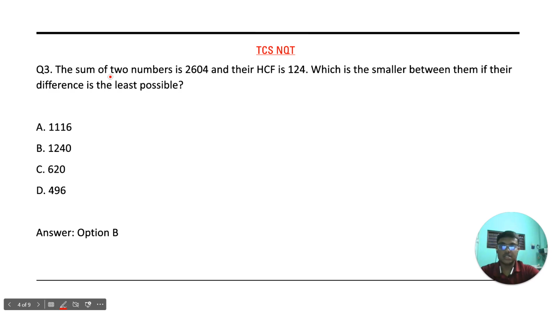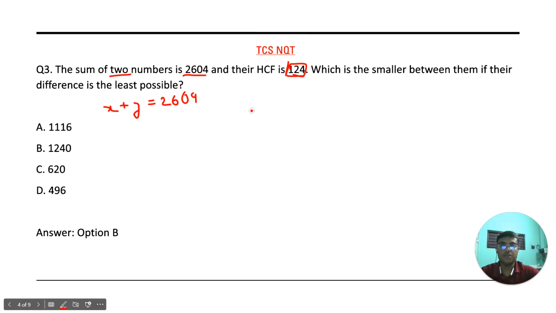The question says that the sum of two numbers is 2604 and their HCF is 124. Okay, so let's say the two numbers are X and Y. So X plus Y comes out to be 2604. Then it says HCF is 124.